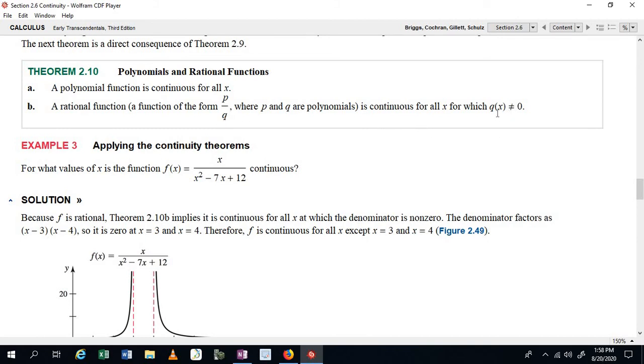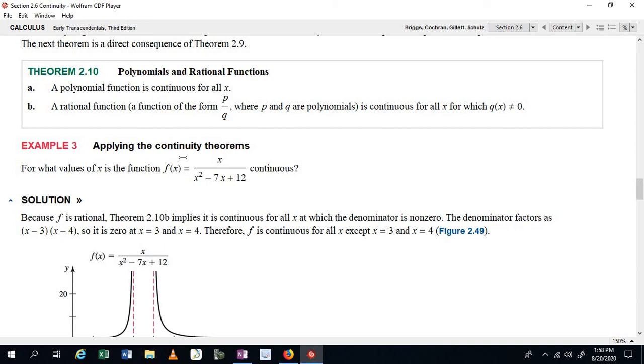And again, the issue there is if q of x is equal to 0, then this function is not defined because you're dividing the top polynomial by 0. Okay, but as long as q of x is not 0, rational functions are continuous for all x values, except the ones where you get q of x to be 0.